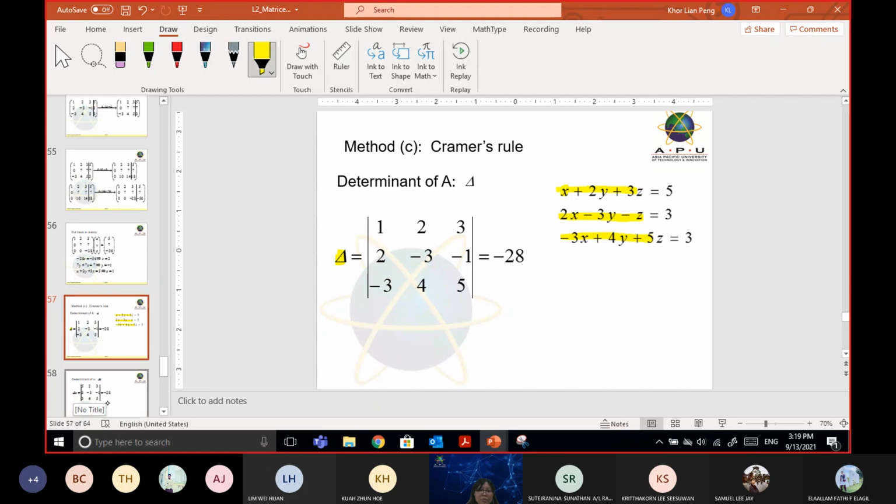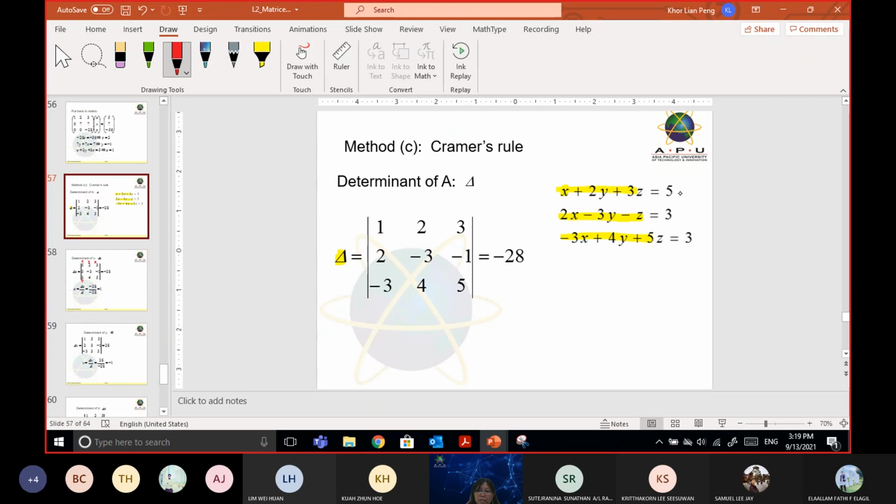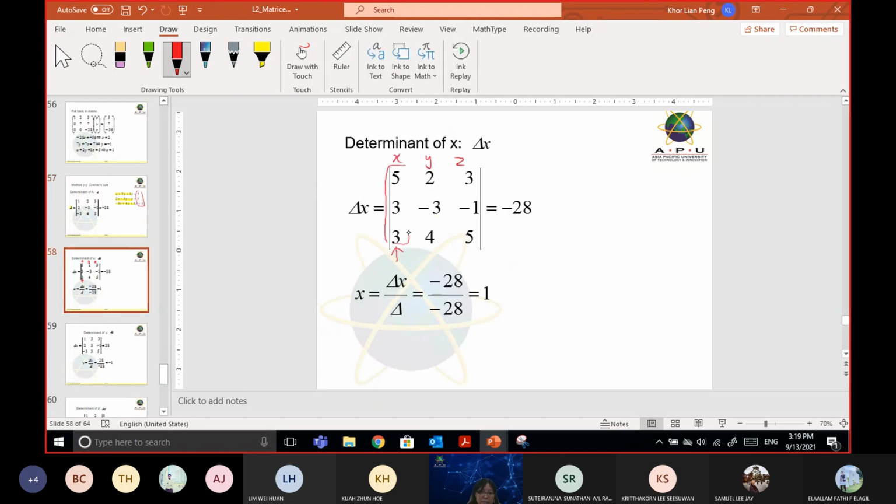Then for the other determinants, for example the determinant for x, for the column of x we substitute with the values on the right-hand side, 5, 33. Then we find the determinant, and after we find it, we use the determinant of x divided by the determinant and get the answer. We do the same thing for the other unknowns, which are y and z. So that's the way.